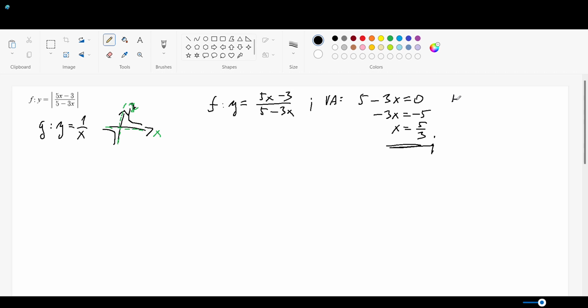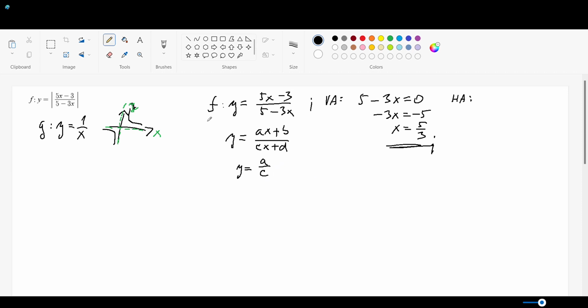Then we have to find out what the horizontal asymptote is. When we look at this definition, we know that the general form of a linear over linear function is (ax take away b) over (cx plus d). So our horizontal asymptote is given by the formula y equals a over c.